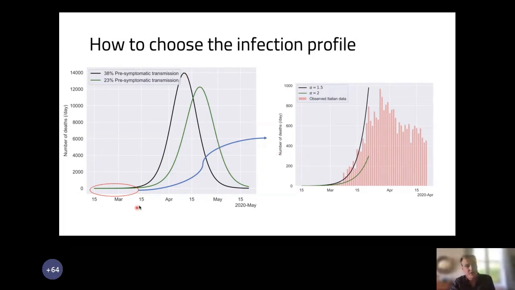And then if we zoom in on the data we have, down here, this red circle, we can see that for my model, the 38% pre-symptomatic transmission seemed to fit the data much better than the green line here. So that was my thinking behind using the 38% pre-symptomatic transmission. From now on, I'm going to be using that in my model.